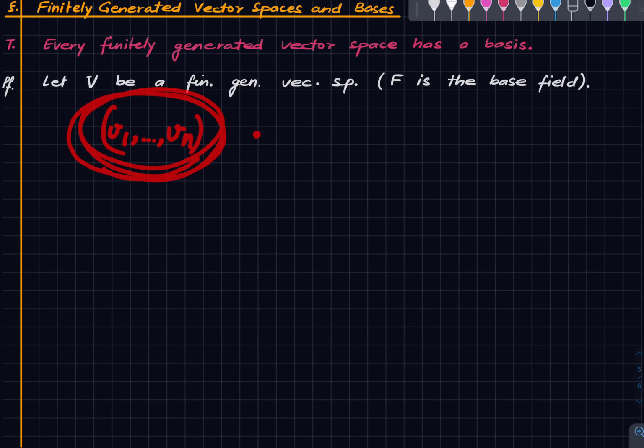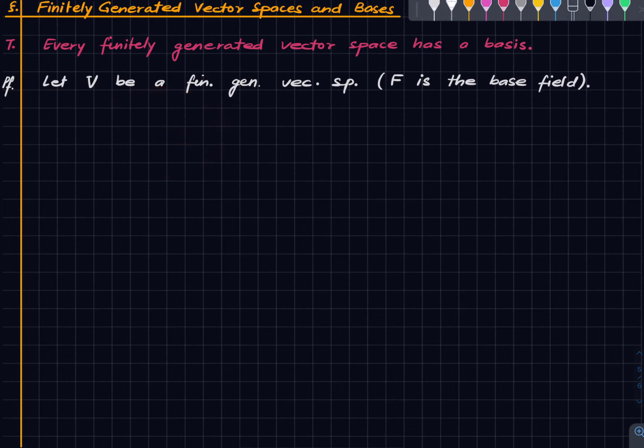So what we will do is pick a spanning list of smallest possible size. There is a spanning list of some finite size n, could be a million, could be whatever. Amongst all the finite spanning lists, choose one of the smallest possible size. There could be multiple lists with the smallest size, all of which span the vector space.